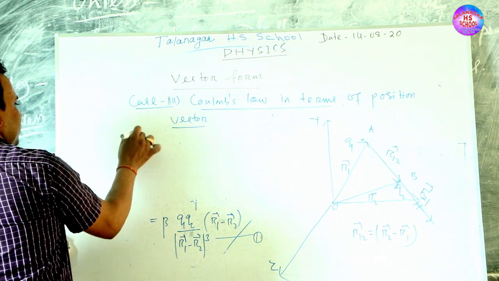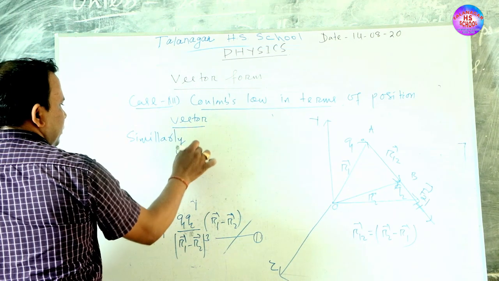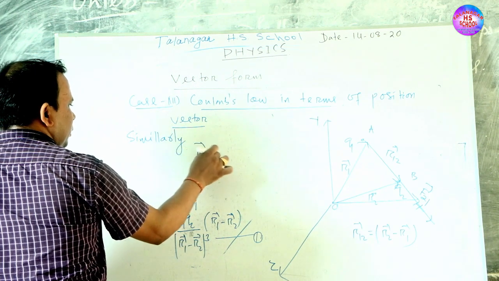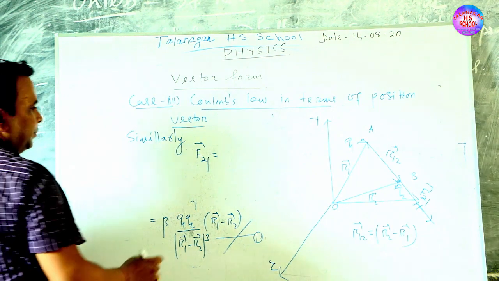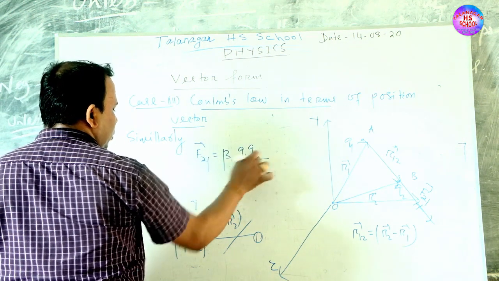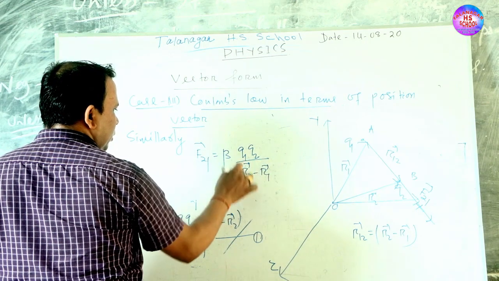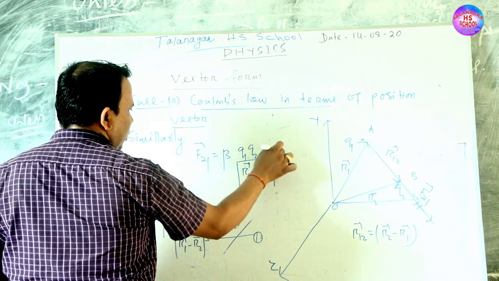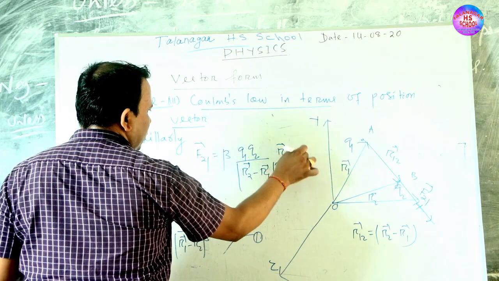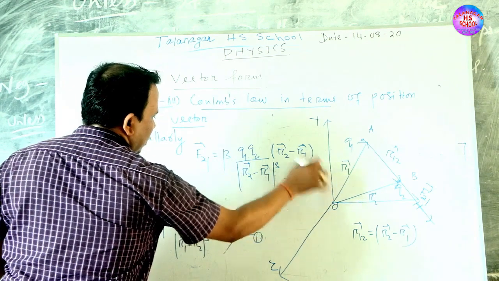Similarly, F21 is equal to beta q1 q2 by the modulus of (r2 minus r1) cubed, times the vector r2 minus r1. This is equation 2.